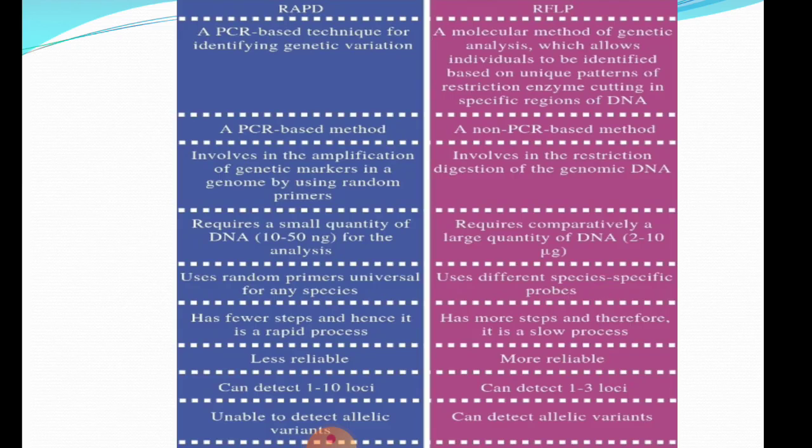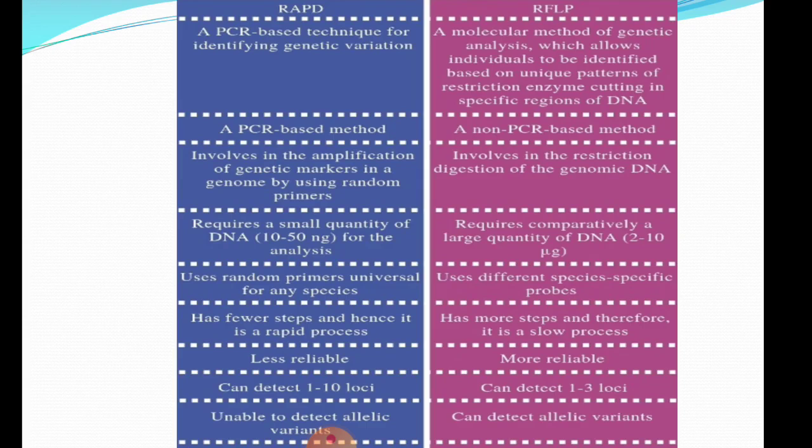For RAPD, a small quantity of DNA, 10 to 15 nanograms, is enough for the analysis. On the other hand, RFLP requires comparatively large quantities of DNA, 2 to 10 micrograms. Here it is nanograms, here it is micrograms. Then RAPD uses random primers universal for any species as they are readily available commercially, whereas RFLP uses species specific probes.